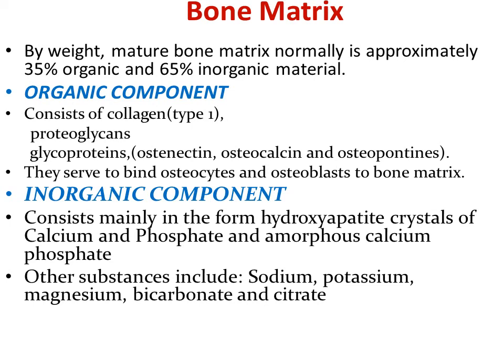If we remove the organic component of the bone, it leaves the inorganic material as a white, brittle, and fragile mass which retains the original shape of the bone but breaks very easily when handled. अगर इससे आप कोलेजन फाइबर्स निकाल दें, प्रोटोग्लाइकेन निकाल दें, ग्लाइकोप्रोटीन निकाल दें जो कि मेन ऑर्गेनिक कंपोनेंट के, तो वो हार्डनेस तो दे देते हैं. ये जो इनऑर्गेनिक कंपोनेंट्स है, कैल्शियम फास्फेट है, सोडियम पोटाशियम मैग्नीशियम बाइकार्बोनेट सिट्रेट है, लेकिन ये टेंसल फोर्स को बर्दाश्त नहीं कर सकते. ये बोन and it can easily be breakable.